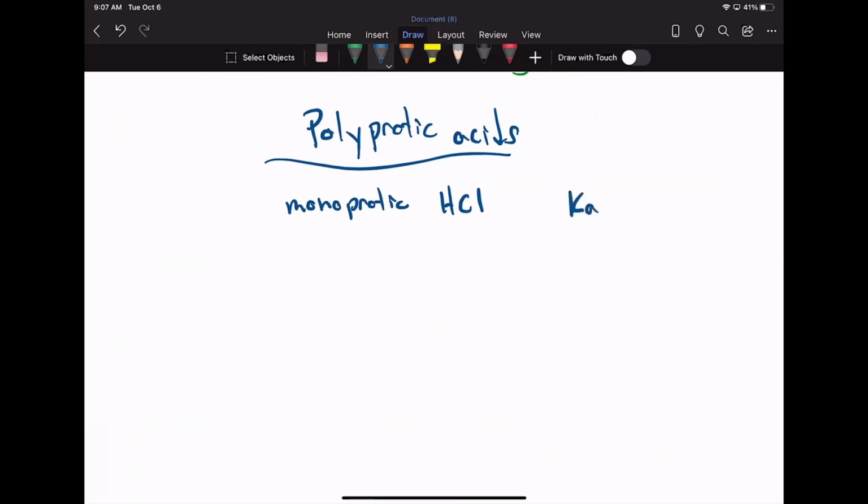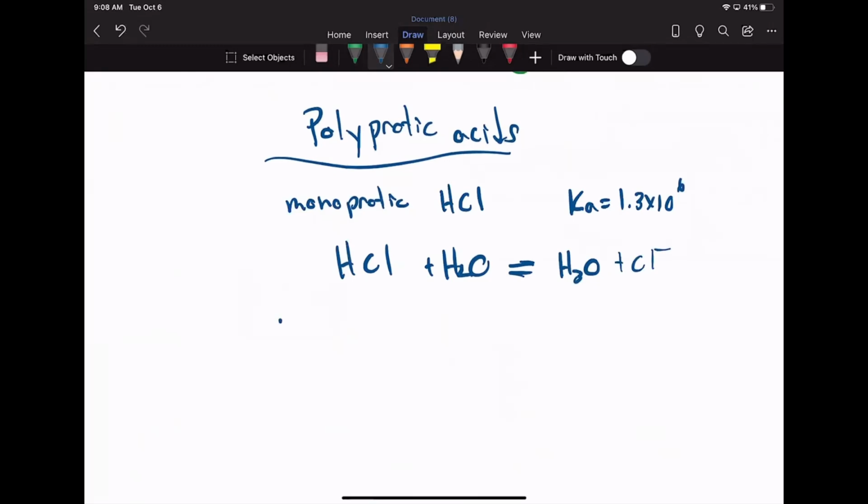And we could say, let's say the Ka is equal to 1.3 times 10 to the 6. And we can have our reaction here. So HCl, if we put it into water, we're going to get some hydronium plus, we're going to get some Cl minus. So that's our reaction of a monoprotic acid.